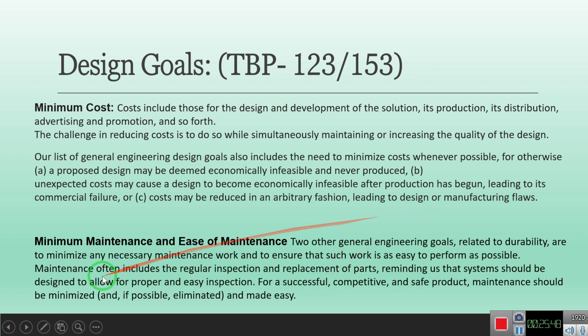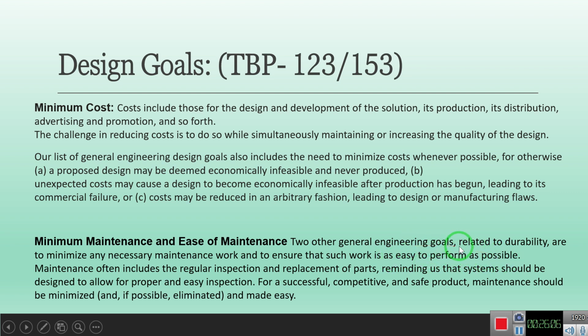Okay, last one: minimum maintenance and ease of maintenance. Two other general engineering goals related to durability are to minimize any necessary maintenance work and to ensure that such work is as easy to perform as possible.